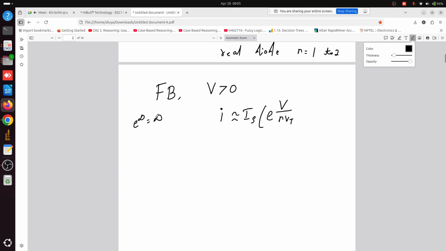Did you understand? I'm telling you the voltage is very much greater than 0. Assume very much greater means infinity. So this term becomes e power infinity. Actually, we have e power V by N VT minus 1. If this whole term is infinity, does it make any difference if you subtract 1 from it? No, right?